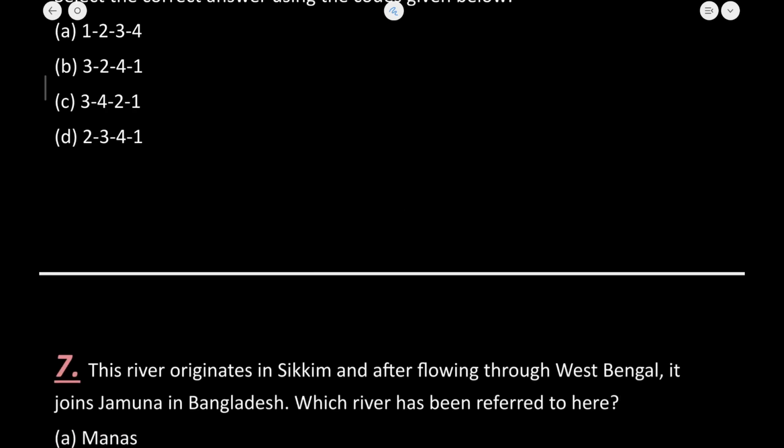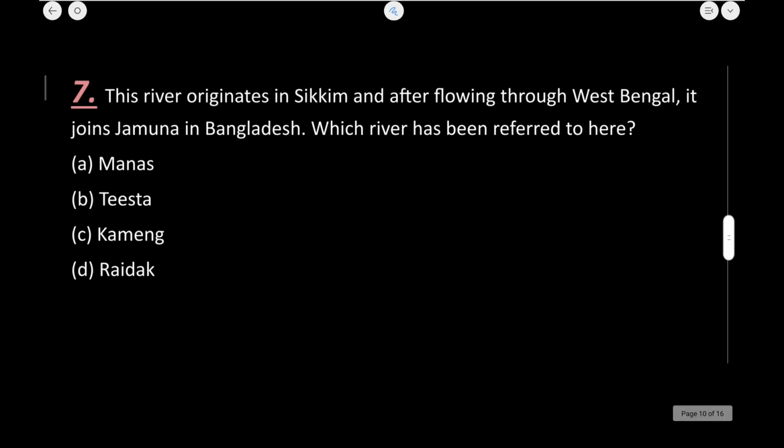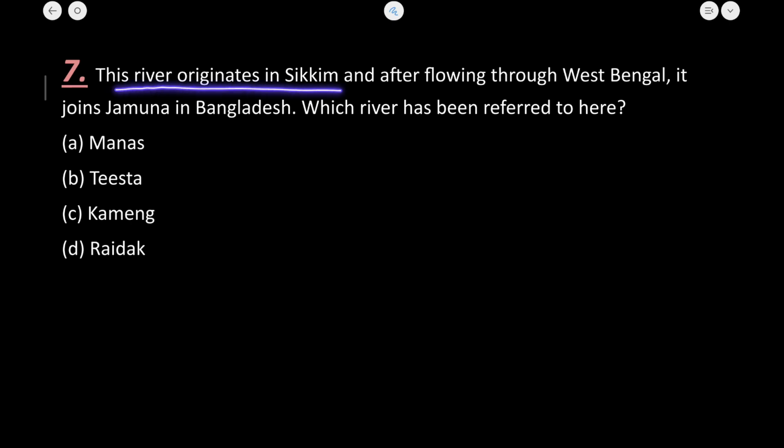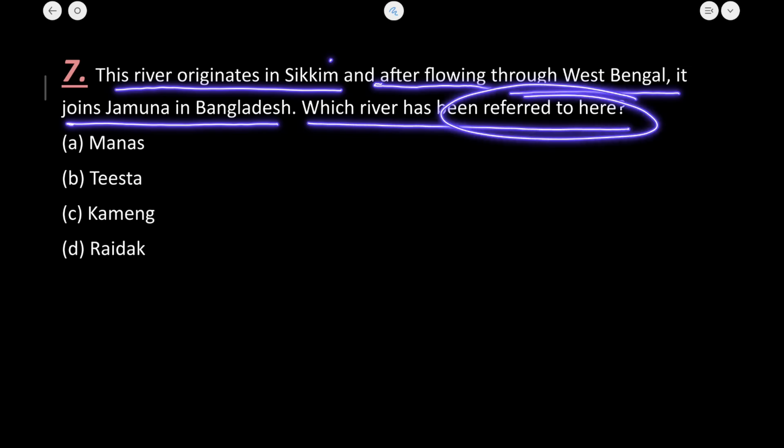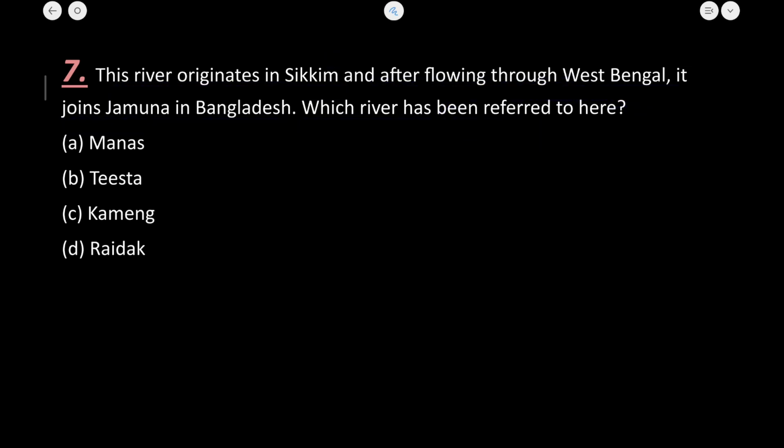Now let us see the next question, that is question number 7. This river originates in Sikkim, and after flowing through West Bengal, it joins Jamuna in Bangladesh. Which river has been referred to here? Now, the river that originates in Sikkim and flows in the state of Sikkim is river Teesta.